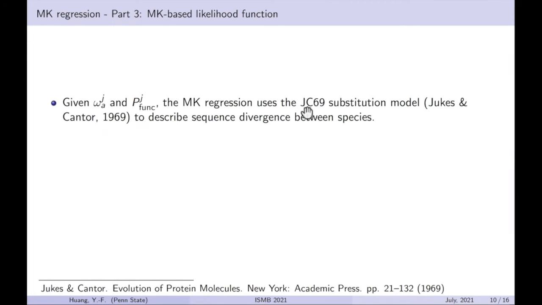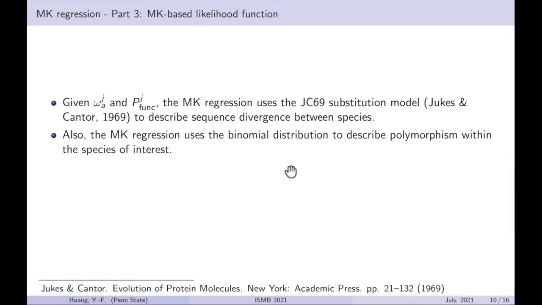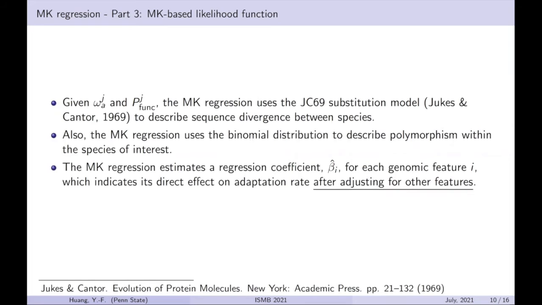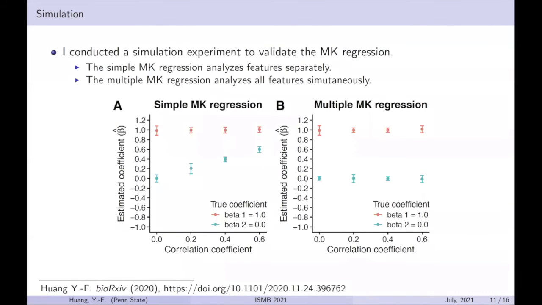In the likelihood function, we use the JC69 substitution model to describe sequence divergence between species. Also, we use the binomial distribution to describe the generation of polymorphism data. And we design those distributions in such a way that they can be interpreted as basically an MK test. So the MK regression estimates the regression coefficient beta i for each genomic feature i. So that's the idea of the MK regression.